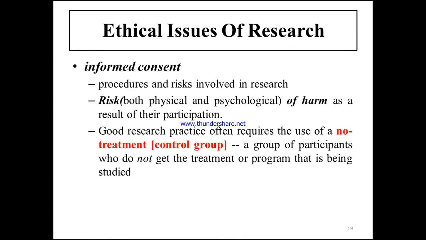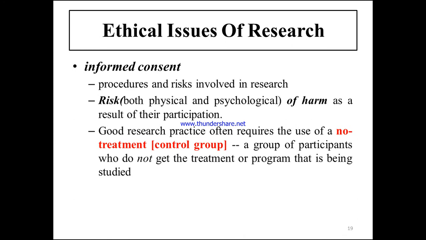And the other thing is informed consent. Some kinds of studies may involve risks, either physical risks or psychological risks. So if there is any kind of risk which could happen to those involved in the study, you have to tell them the risks, whether physical as well as psychological.